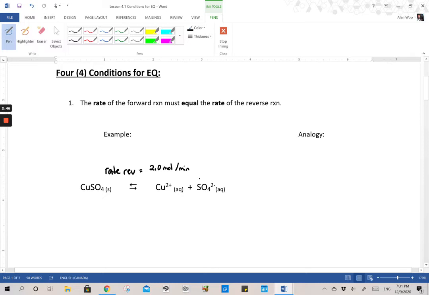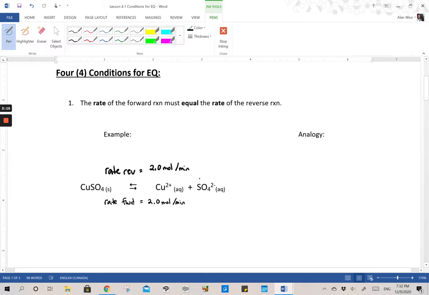Well, in order for this to be a true equilibrium, the rate of the forward reaction also has to equal 2.0 moles per minute. So that if we are making copper sulfate from the ions, copper sulfate is breaking back down into those ions at exactly the same rate.